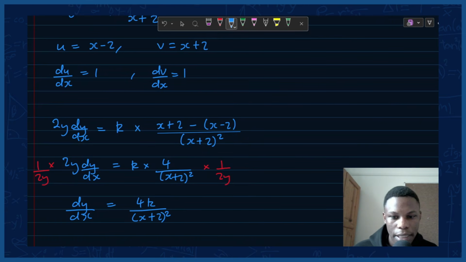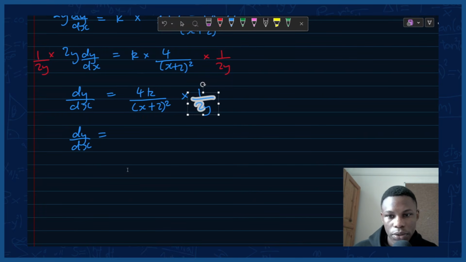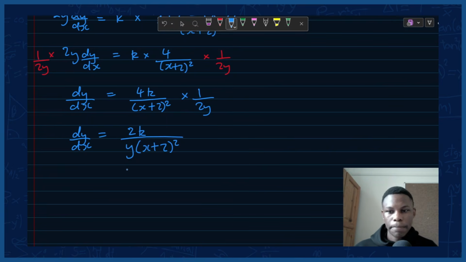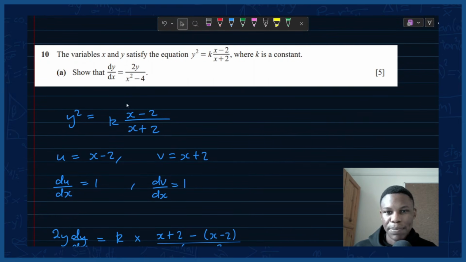So dy/dx is equal to, I have 4 being divided by 2, so that's going to be 2, and we still have the k, divided by y times (x plus 2) squared. Okay, so this is dy/dx. What do they want? They want 2y over x squared minus 4. So what's the difference between what we have and what they have?